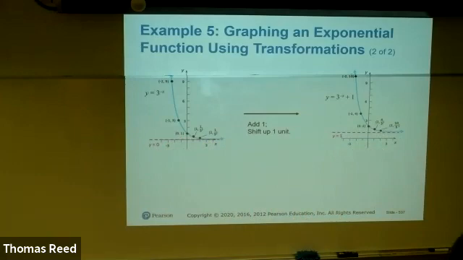A change in the x values doesn't affect the horizontal asymptote. It would change a vertical asymptote, but not a horizontal. But a change in the y value changes your horizontal asymptote, because in this case everything got shifted up.